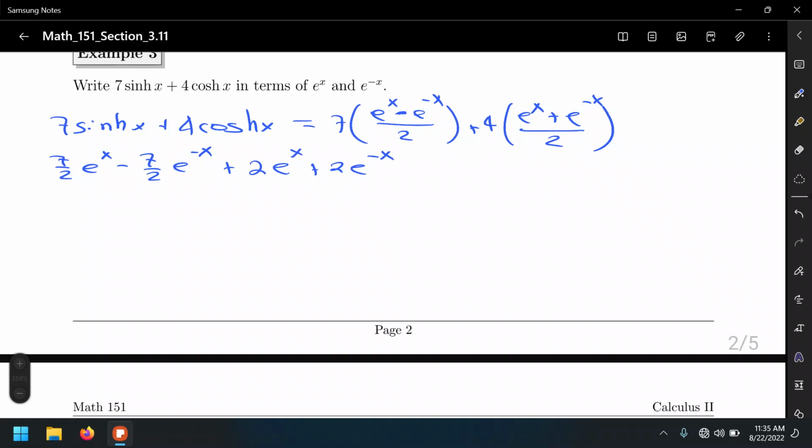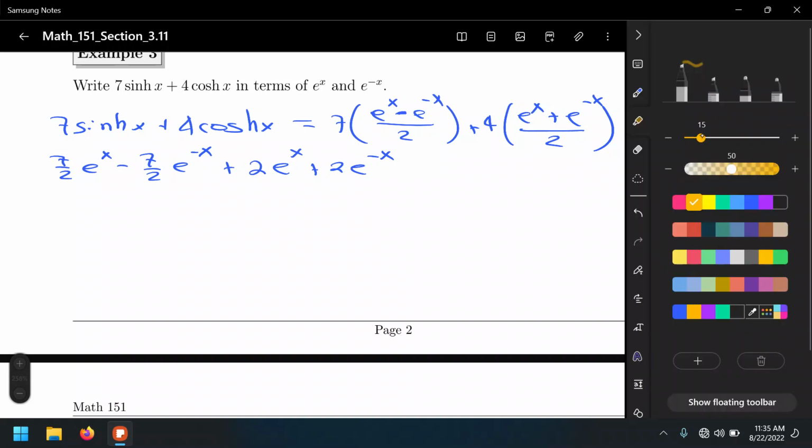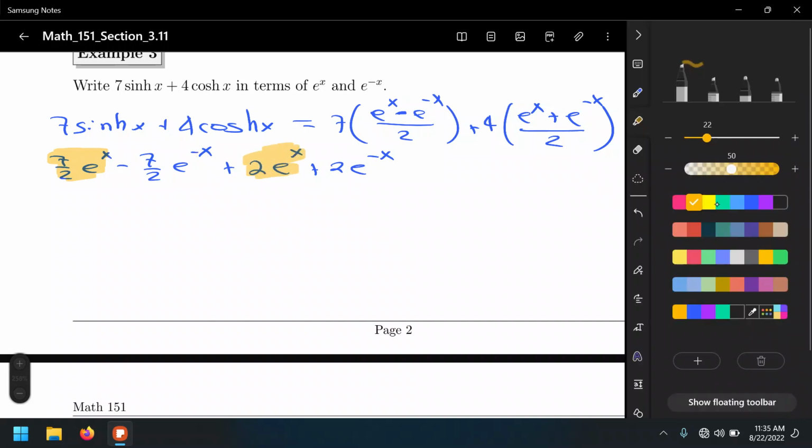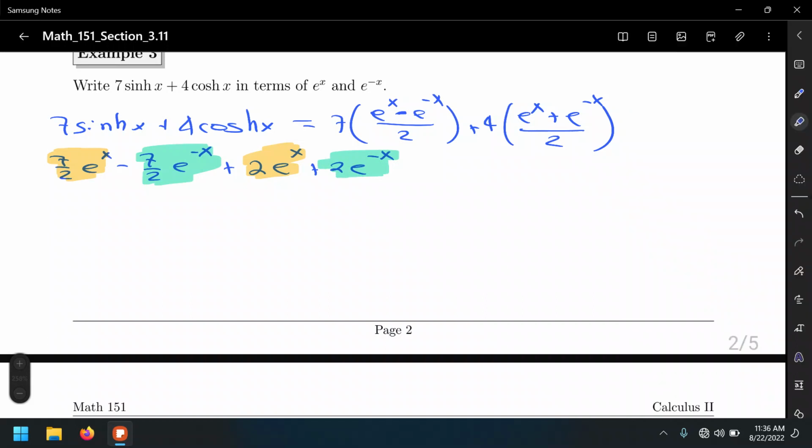So to simplify this, I'm going to highlight the like terms so you can see what I am combining. All right, so you can see the like terms and how we are going to combine them.